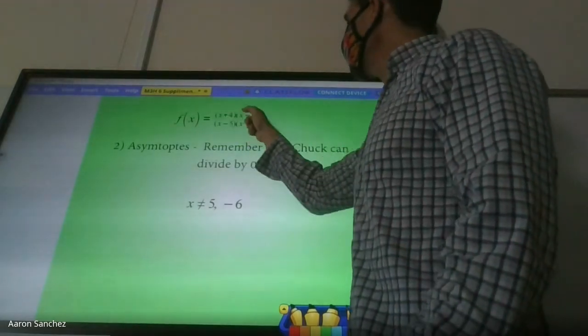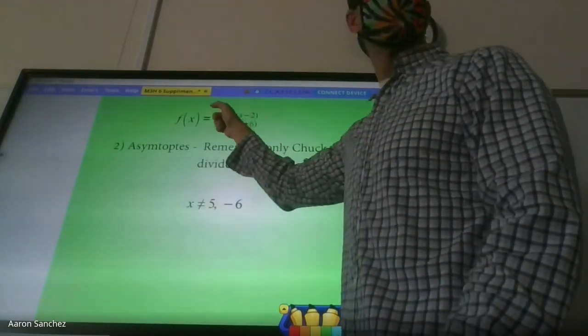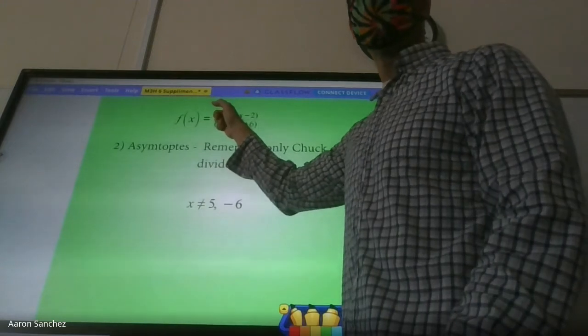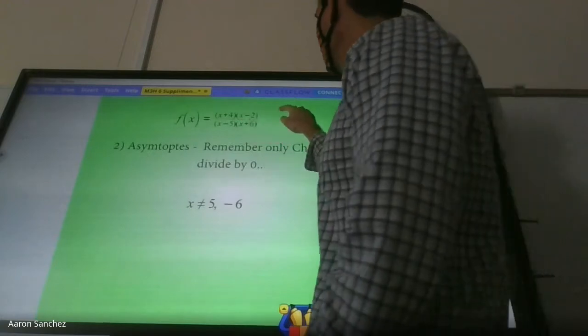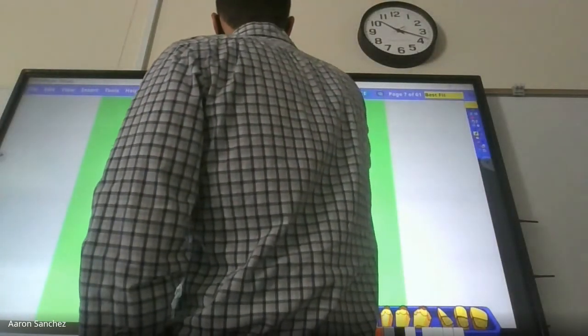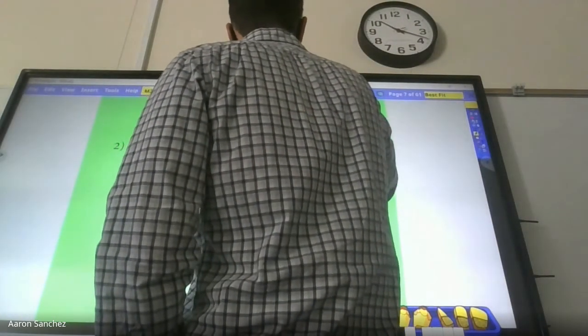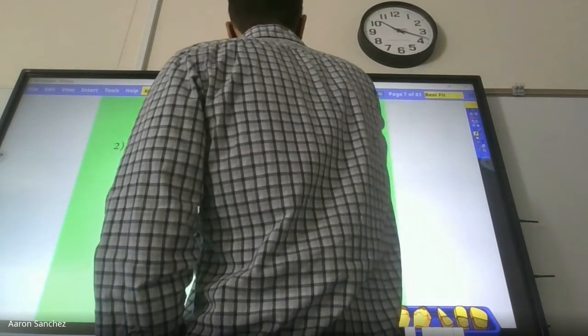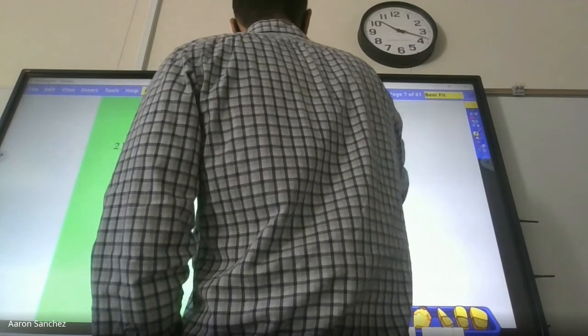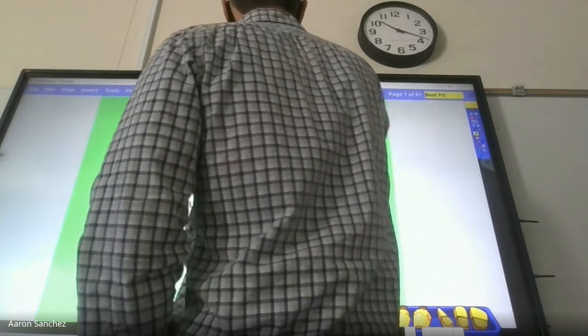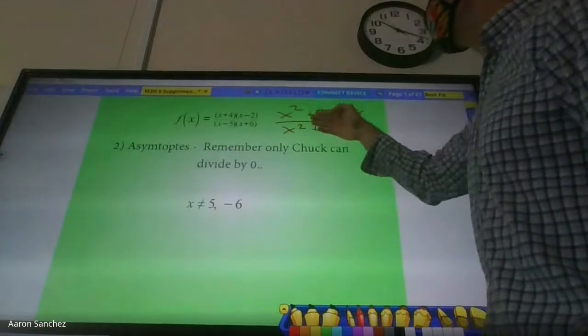Now, what's my exponent on this one? What is it? No, it's not, because this is factored. If I multiply it out, it's x squared plus 2x plus 8 over, if I multiply this, x squared plus 1x minus 30, right? See how if I multiplied it, this equals that, that equals that. Now look at my exponents.